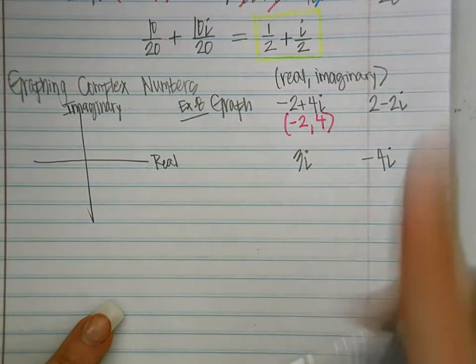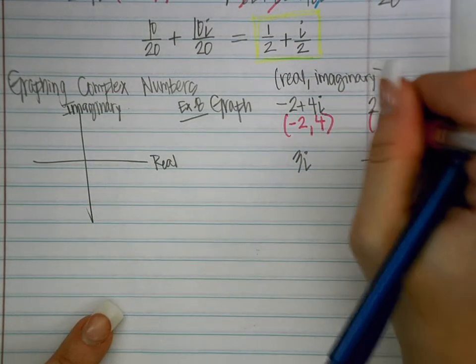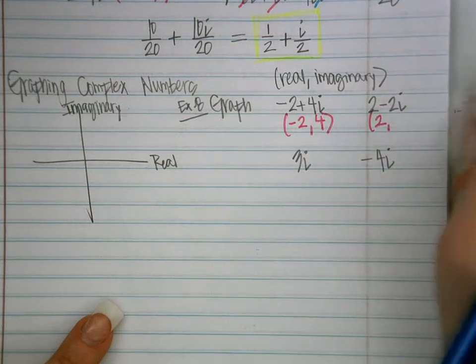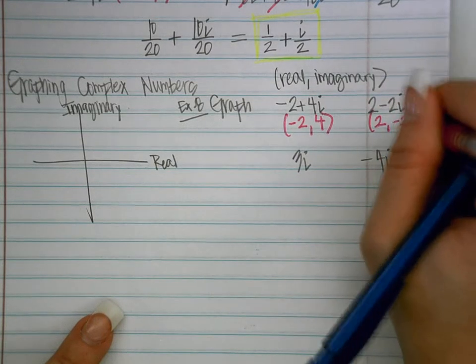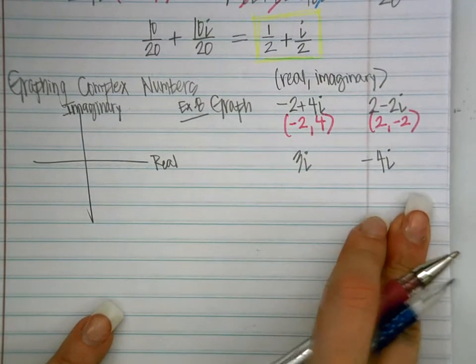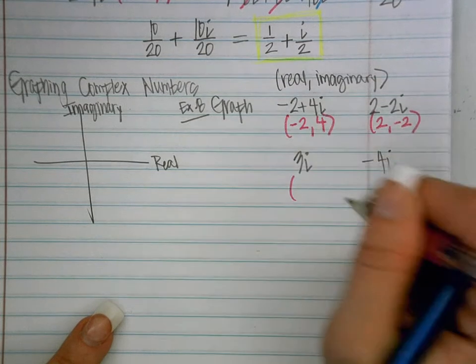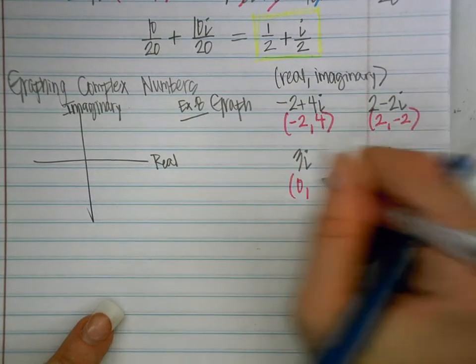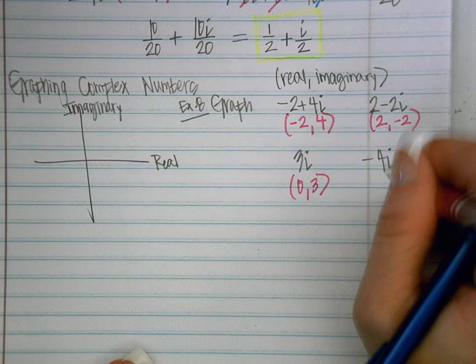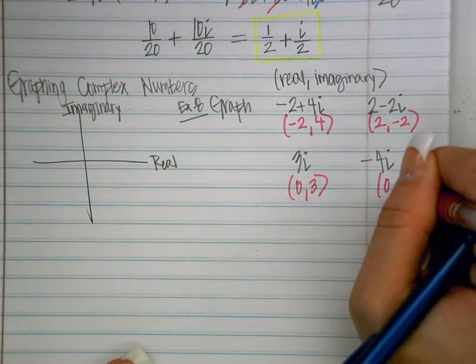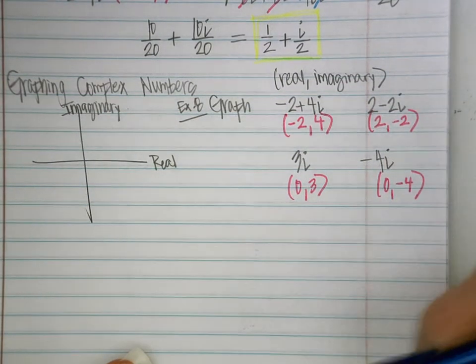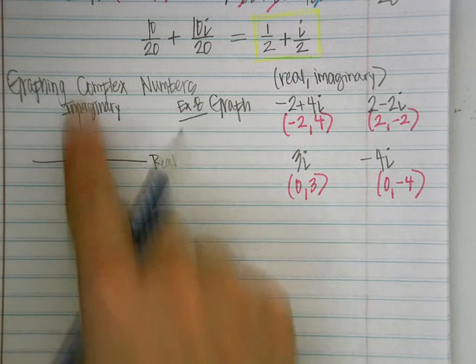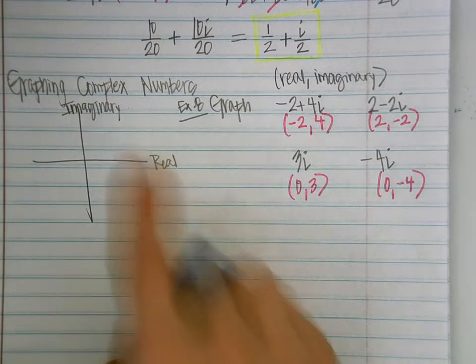Okay, here the real part is +2, the imaginary part is -2. These are a little bit more difficult because what's the real part here? 0, comma, the imaginary is 3. And here this is 0 for the real part, comma, -4. So when you graph these, you graph them just like a normal XY axis, okay? But it's always real then imaginary.